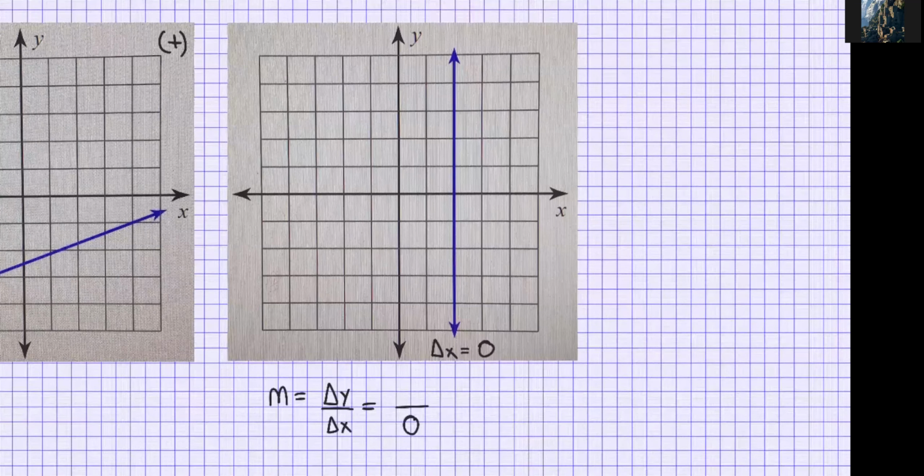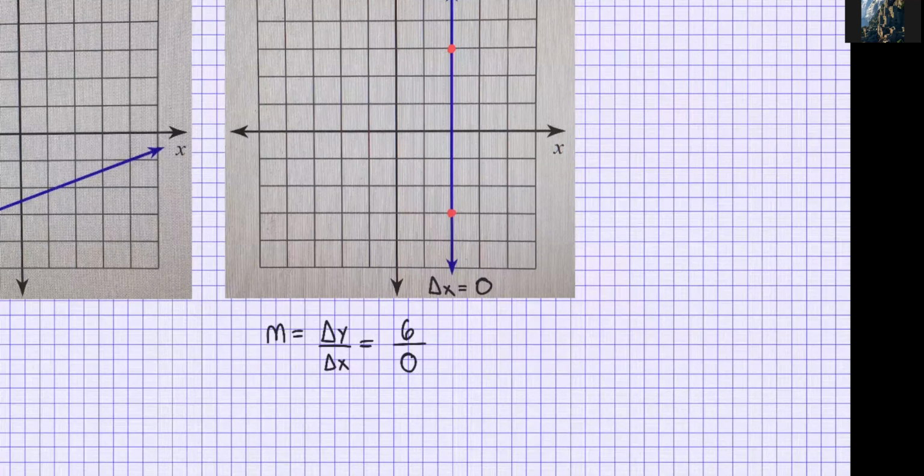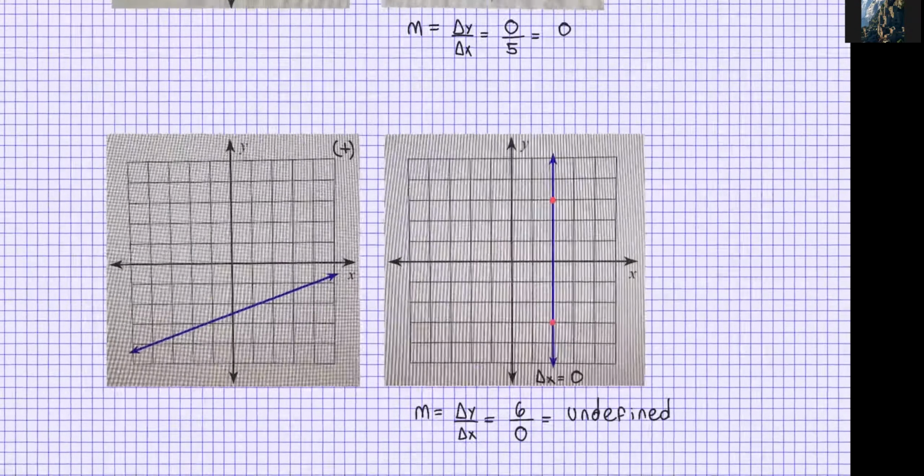Let's take 2 points again, this point in here and this point in here. So we will have 3 and 3, 6. If the change on the vertical is 6, but the horizontal doesn't change, we will have a fraction in which the denominator is 0. And whenever we divide by 0, we know that this is undefined. So whenever you see a vertical line, you can automatically know that the slope will be undefined.